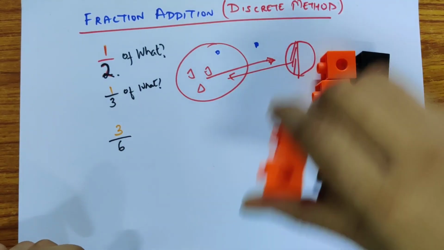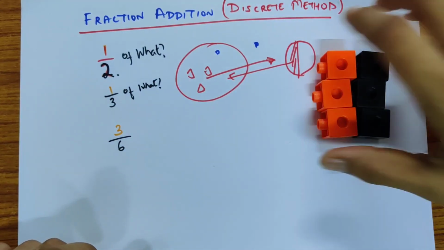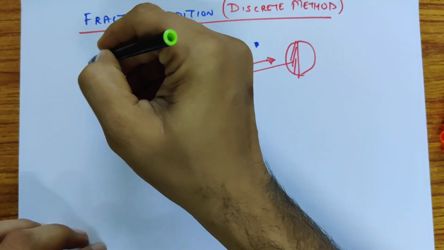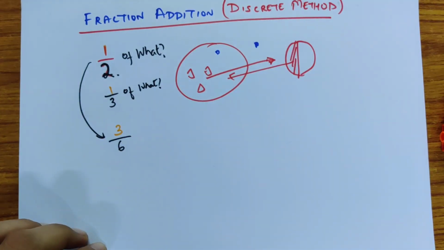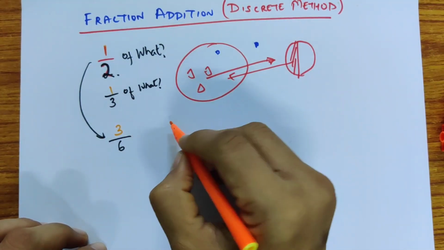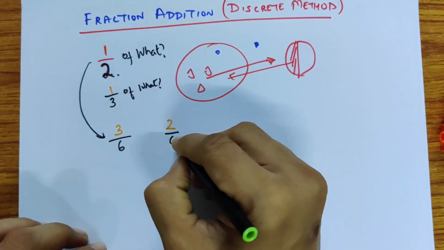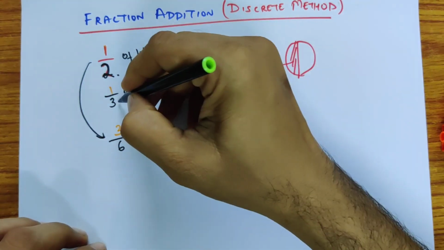So if I wanted to add them, I say half of 6 added with 1/3 of 6, so let's complete the 1/3. So this was for half, and 2 out of 6 was for 1/3.